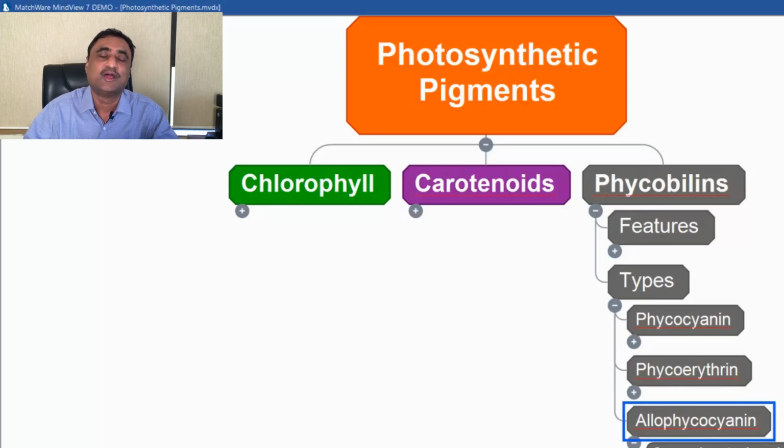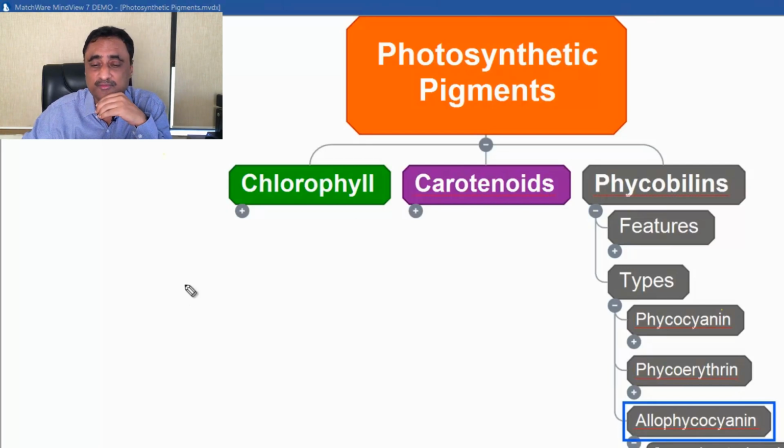So this is all about the photosynthetic pigments. The most important thing you need to understand about them is that they help in trapping solar light, and that solar energy is utilized for the process of photosynthesis.